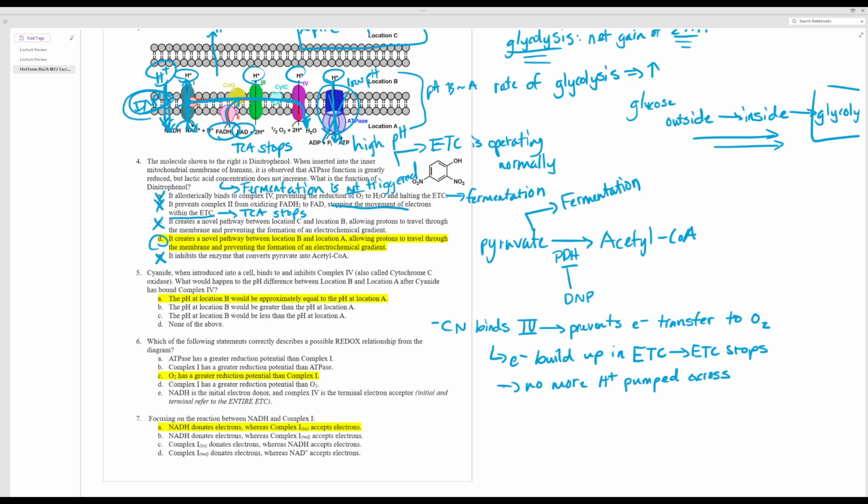So eventually the concentration of H plus at A will equal the concentration of H plus at B because you're no longer artificially increasing the H plus concentration at B. So they'll equilibrate, or they'll reach equilibrium, and we'll see that the pH should be approximately equal.